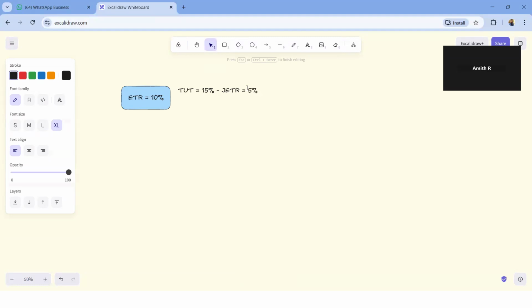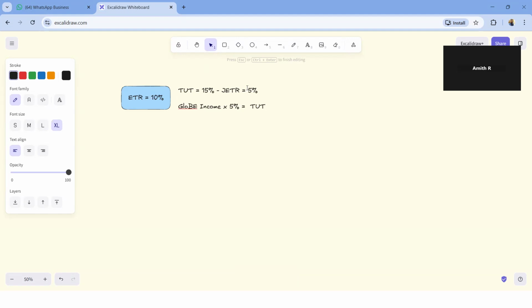Now what are you multiplying this 5% with? How do you find the top-up tax? You will take the GloBE income, which is the profit figure, into 5%, and you will get your top-up taxes.